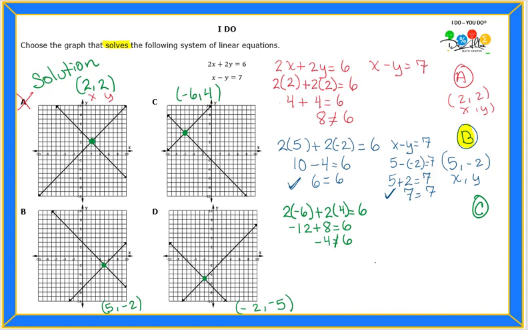And the last one is going to be my answer choice D. Okay, so we're going to do the same thing. 2 parentheses, my x value is -2, right? Plus 2 times the y value, which is a -5. And I want to know if I get a 6 as an answer. So 2 times -2 is -4, right?